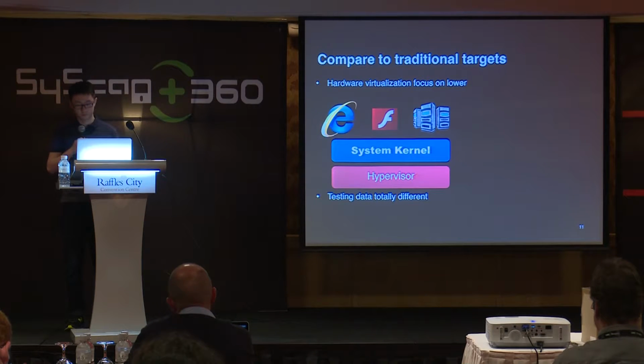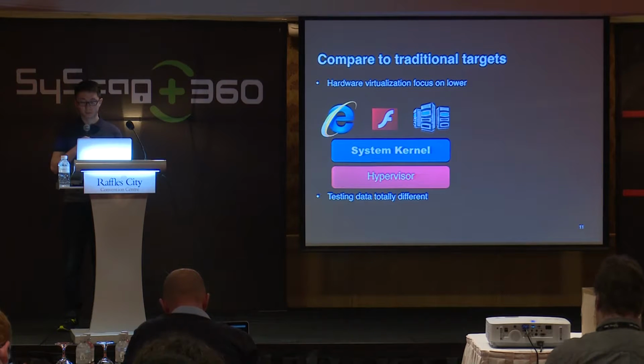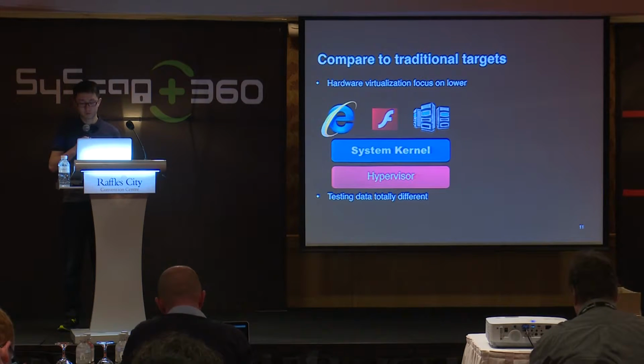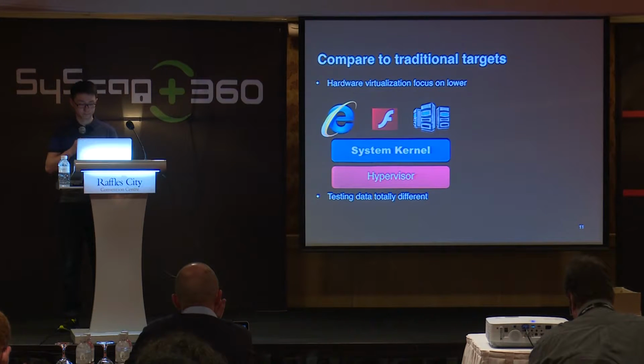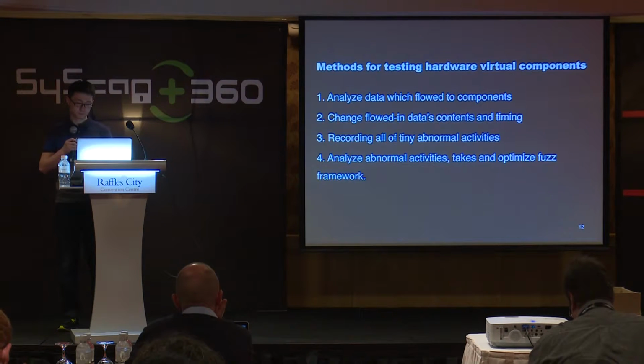IO control functions can be used for driver module fuzzing. However, we can't use any one of these data in the device emulator components fuzzing. So what's the best way for testing the device emulator components?